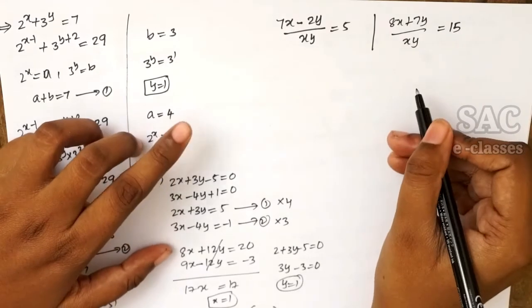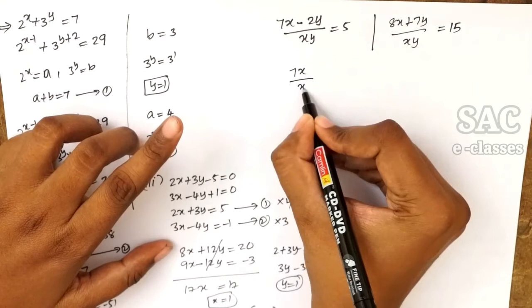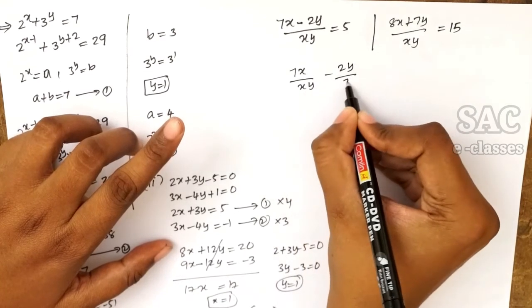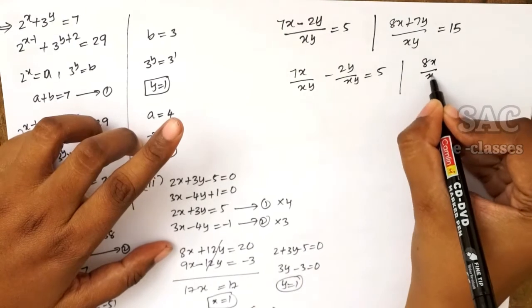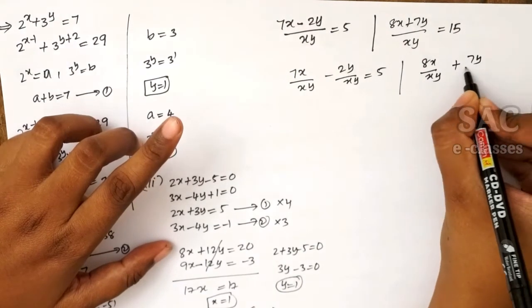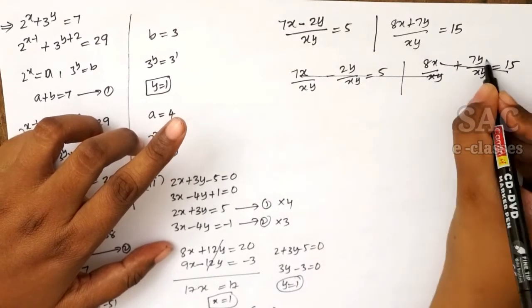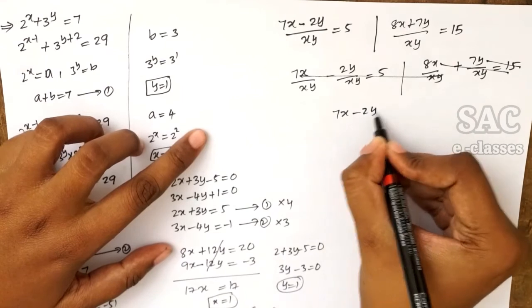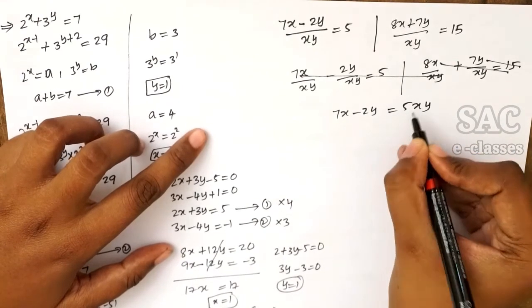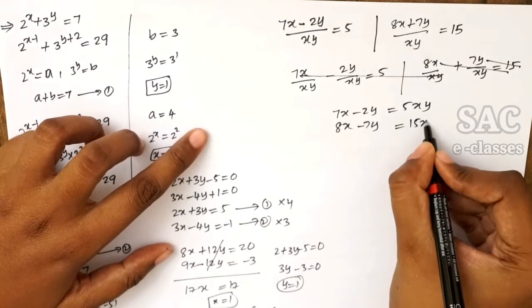This can be a reducible linear equation if we simplify: 7x by xy minus 2y by xy is equal to 5, and 8x by xy minus 7y by xy is equal to 15. Rather than that, for saving time, we can leave it like that: 5xy here, and 8x minus 7y is equal to 15xy.